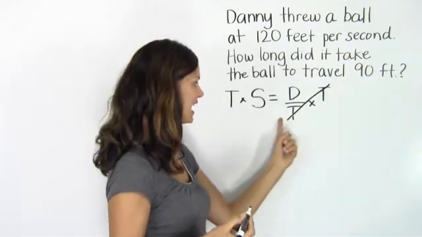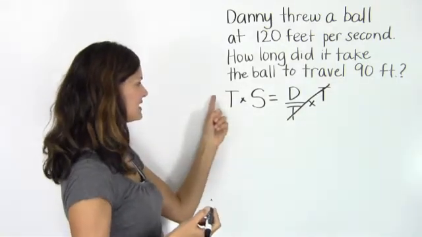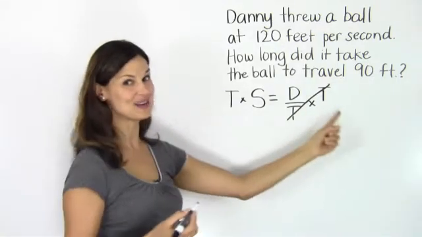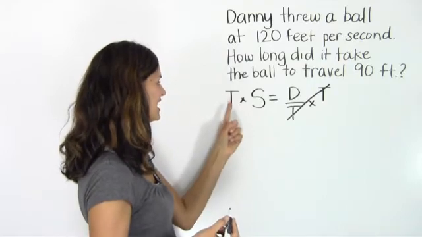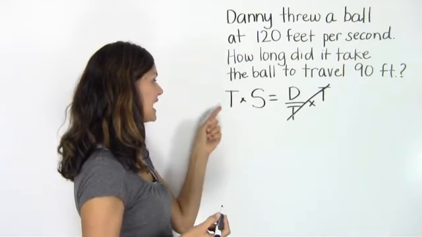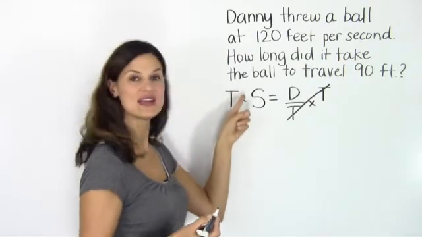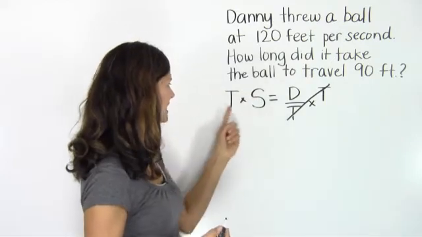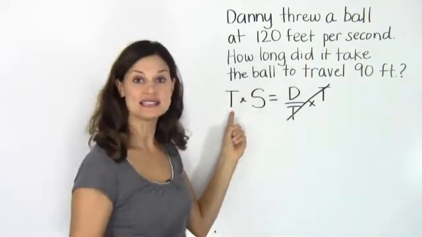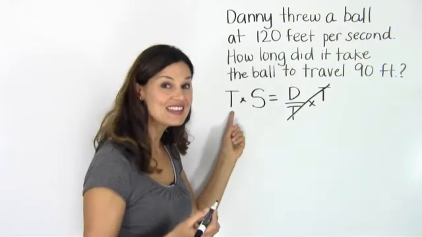So I can cancel that out. And by multiplying this side by T, whatever I do to one side of an equation, I have to do to the other. So when I multiply this side by T, it gets my T for time up in the numerator.